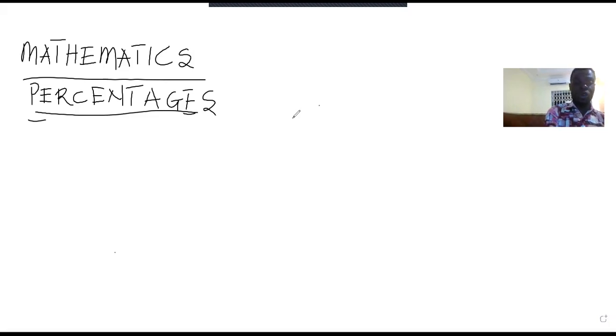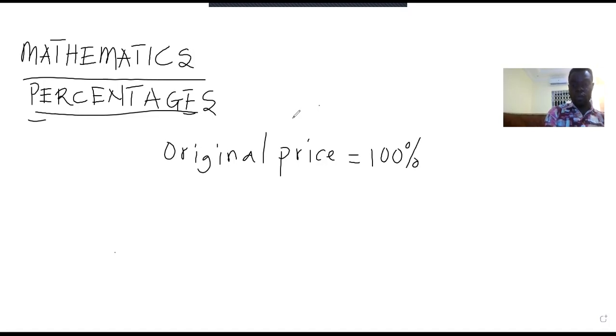So the original price should be equivalent to 100%, okay?